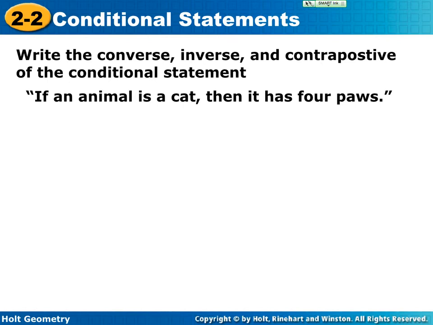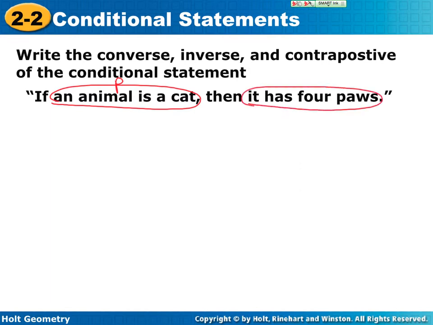So what's the hypothesis of our if-then? An animal is a cat. That's P. And then the conclusion, it has 4 paws. That is what we'll use as Q. So when you negate those, they're going to have the word not in them.